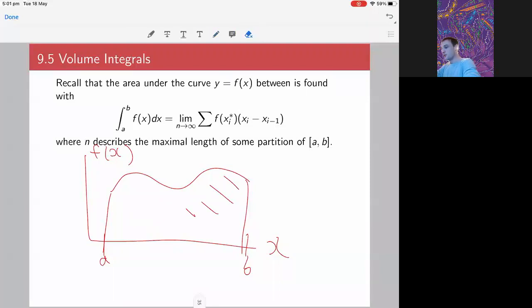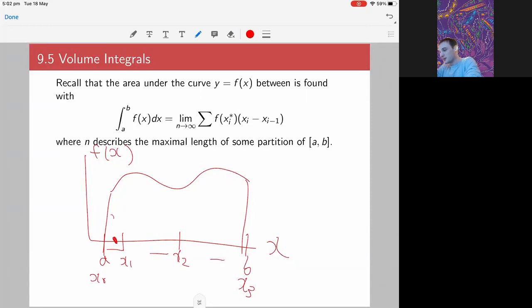The way we do that is by first choosing a partition. So we go x0, x1, x2, x3. Of course, a lot of the integrals you'll be looking at will require you to take partitions much finer than this. On each of these three subintervals, you pick a representative point.